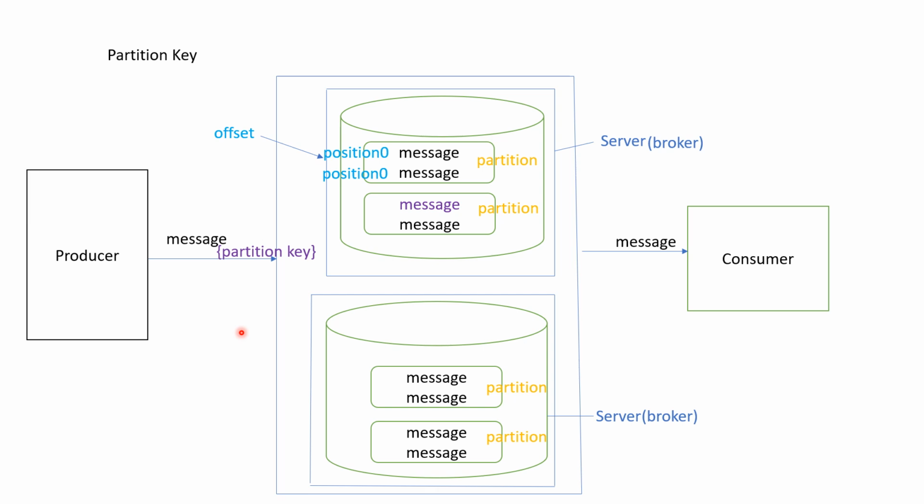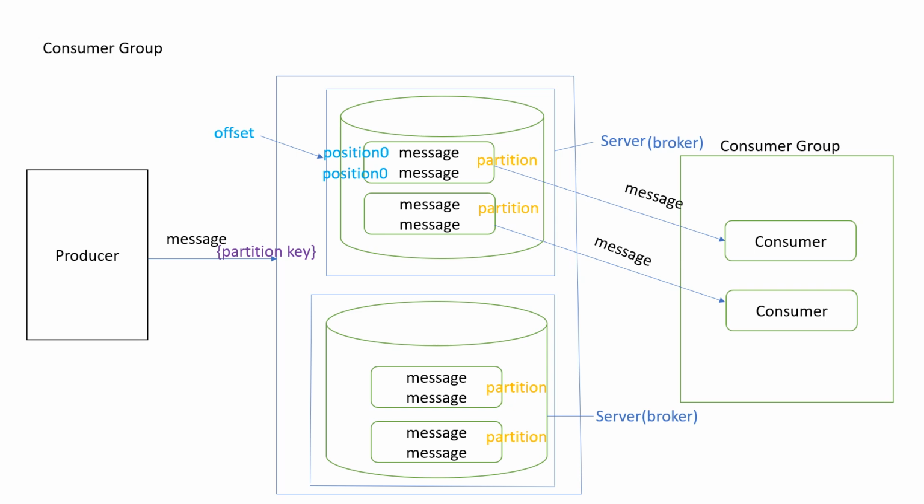So using partition key we can ensure that messages of a particular category are reaching a particular partition. So if you see, this message is reaching this partition. How can we achieve that? Using partition key.